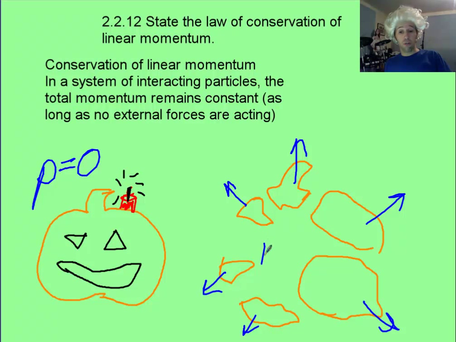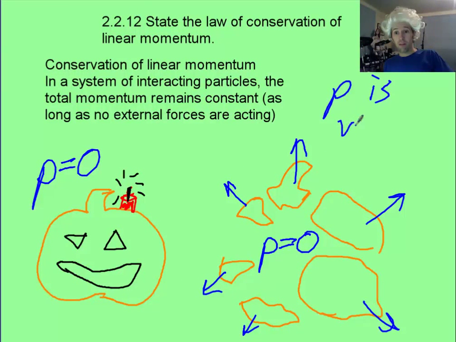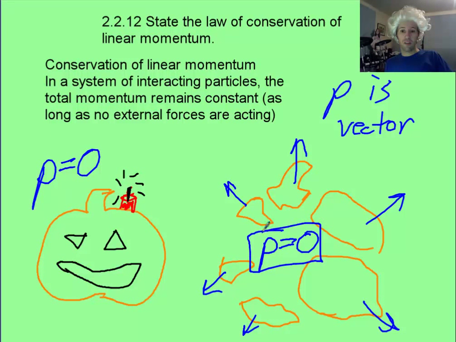That is an internal force, so the net momentum has to still be 0 because it's an internal force, not an external one. That is because if you add up all the momentums of these pieces, and momentum is a vector, that's also key. Momentum is a vector. All of these vectors would have to cancel out to still give us a momentum of 0 because momentum would be conserved in this situation.